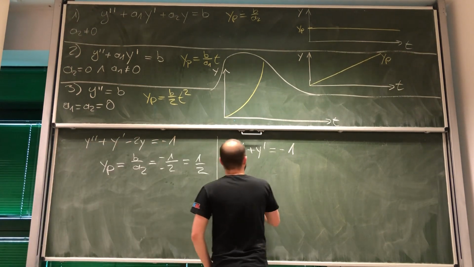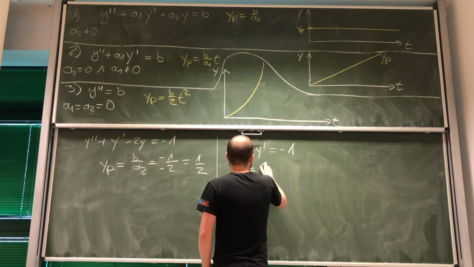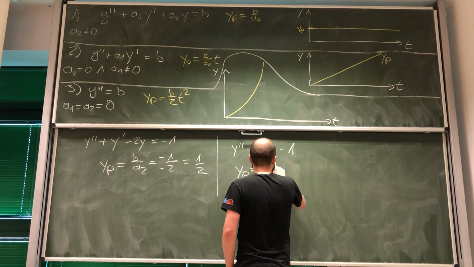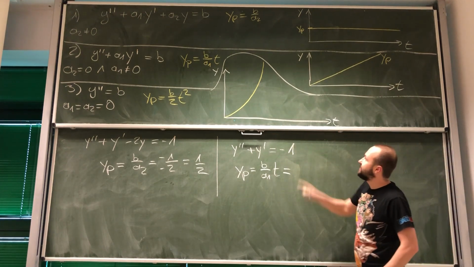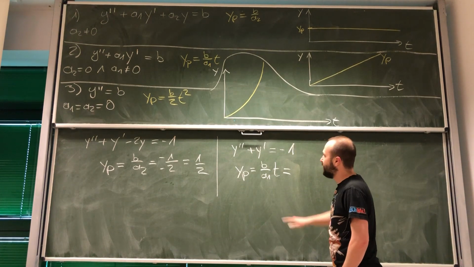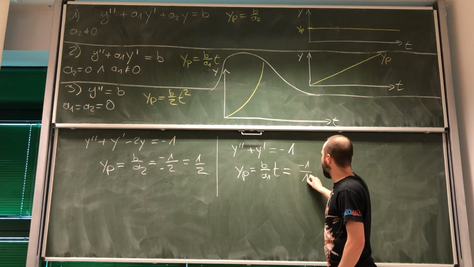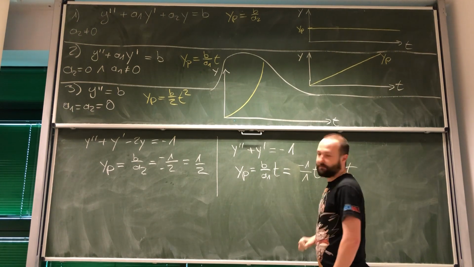Because yp, of course, is equal to b over a1 t. We're using the second possible particular integral, which gives us -1 over 1t, which is minus t.